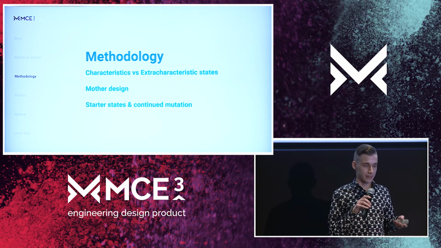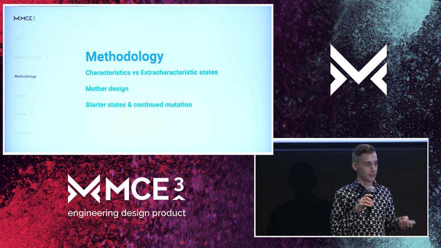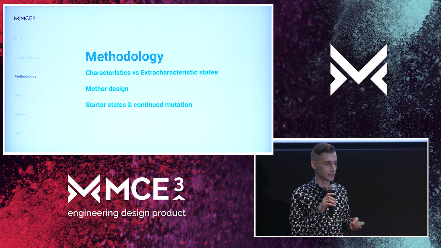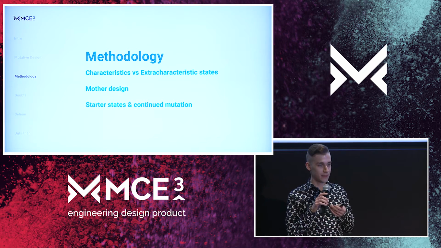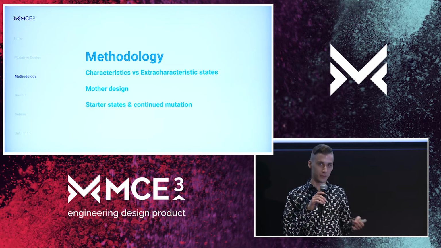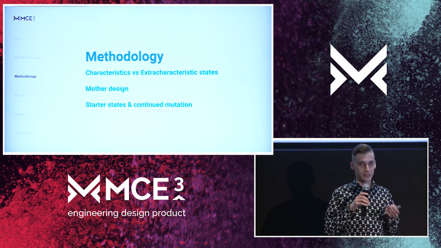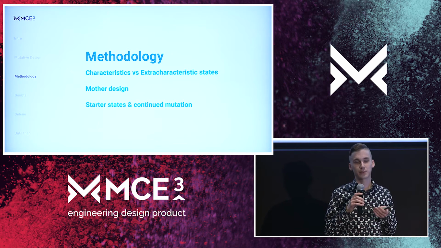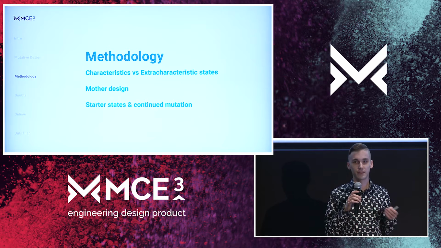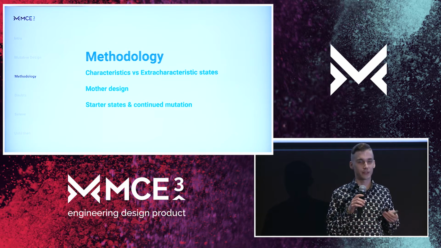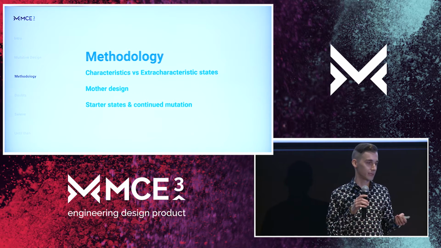And then when you begin to design for mutative design, you begin with the mother design, which is kind of the archetypal state. A user might not ever see the mother design. It's kind of the design for the interface before any mutation begins. And then starter states would be the first state that the user sees. So as soon as they use the app, it tries to account for as many of these characteristics as it can, and then it will continue mutating based on other characteristics it learns or user behavior.